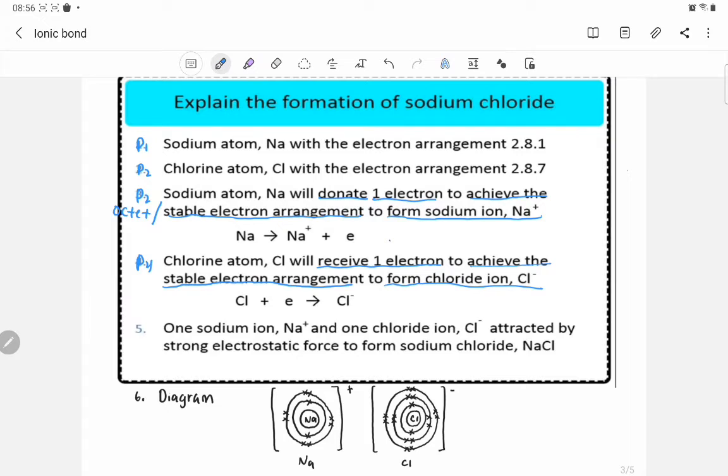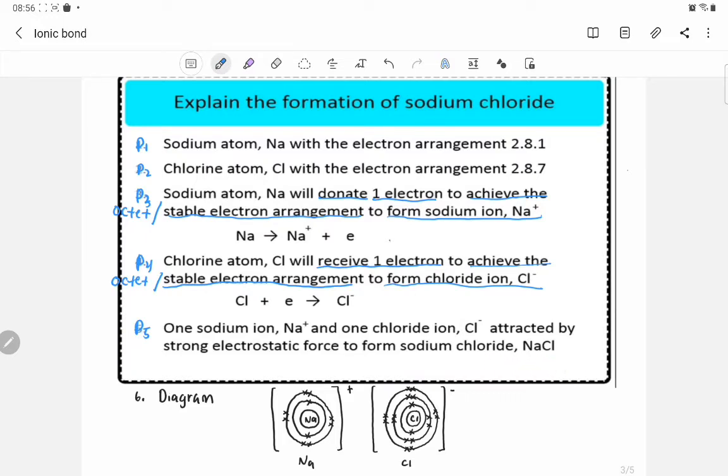Like point number 3 just now, instead of using stable, you also can use octet electron arrangement. Okay, so we go to point number 5. One sodium ion and one chloride ion are attracted by strong electrostatic force to form sodium chloride.